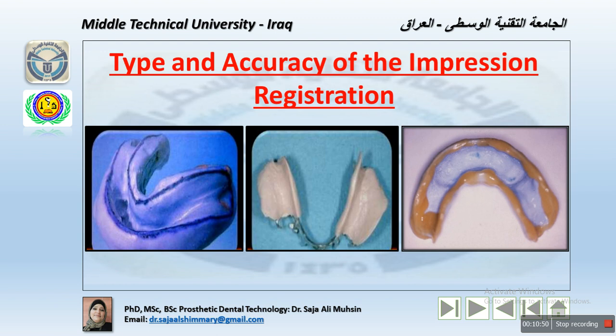Any distortion and tissue displacement by pressure may result from confinement of the impression material within the tray and from insufficient thickness of impression material between the tray and the tissues, as well as from the viscosity of the impression material.